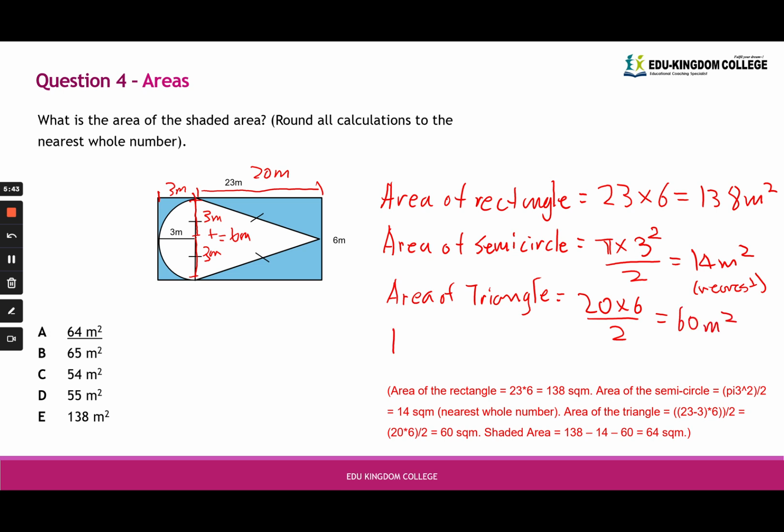And so what we can do, we just do 138 minus 14 minus 60. Okay, and that will give us 64 meters squared as the shaded area. So here the shaded area is that. Okay, and so the answer to this question is 64 meters squared.